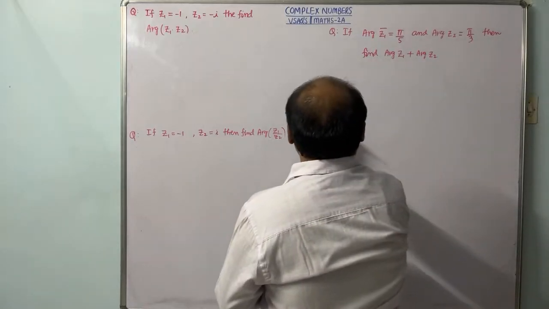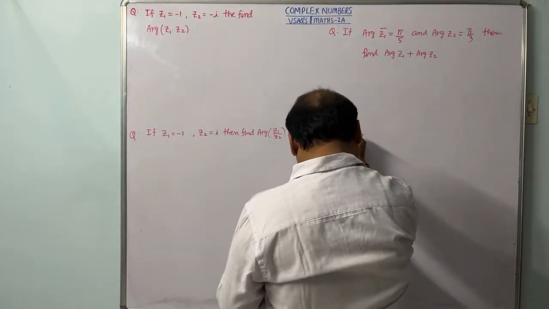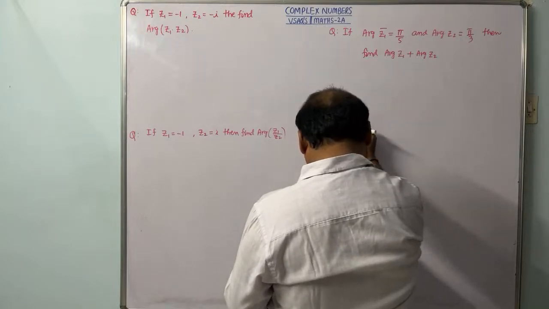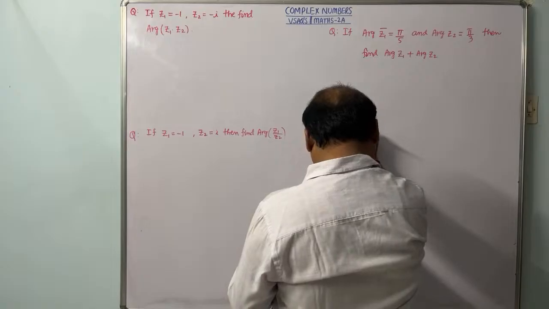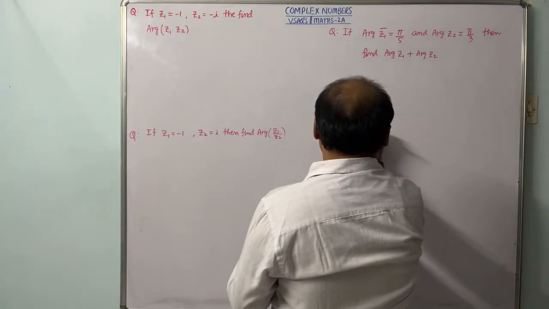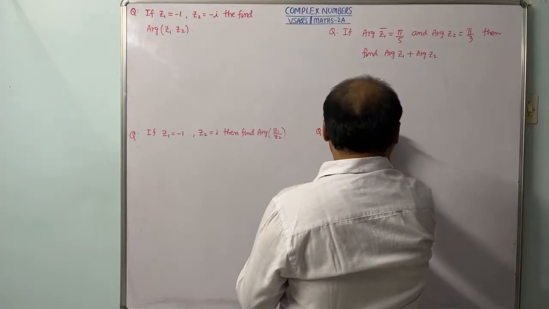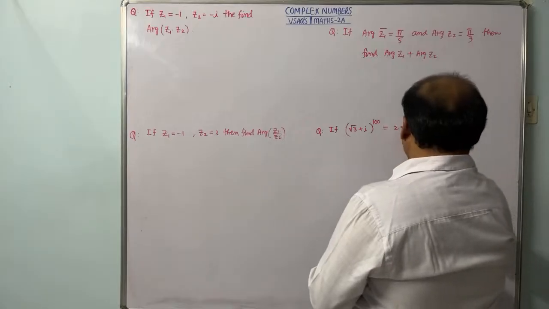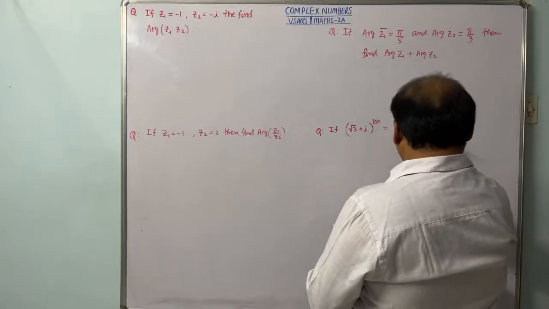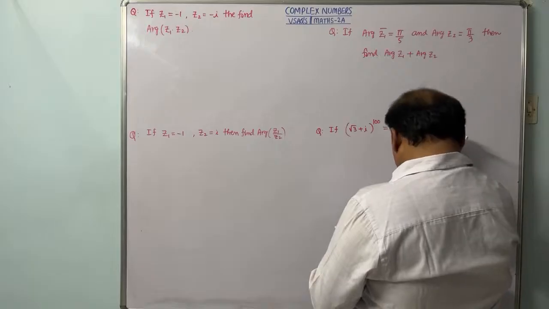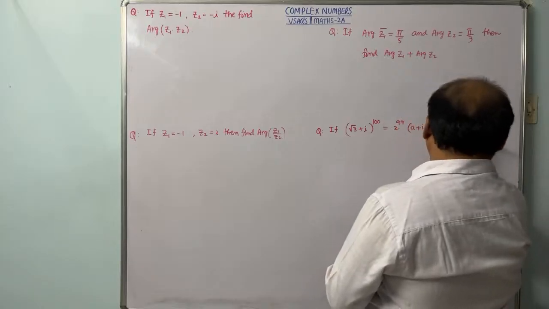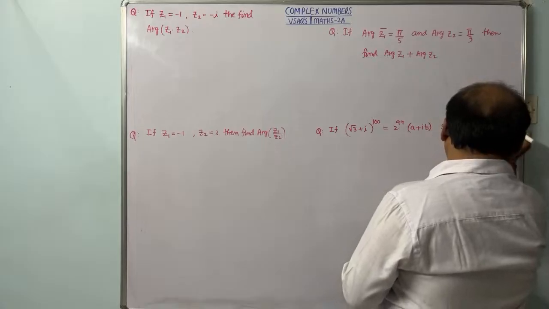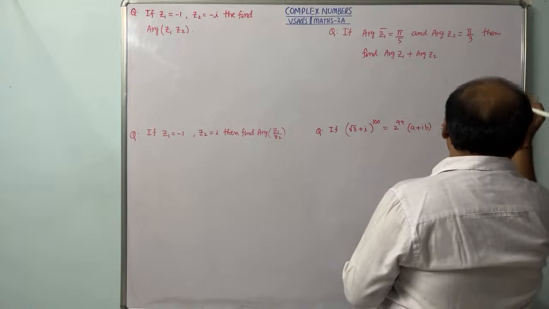Next question, if root 3 plus i whole power 100 is equal to 2 power 99 into a plus ib, show that a square plus b square equal to 4.